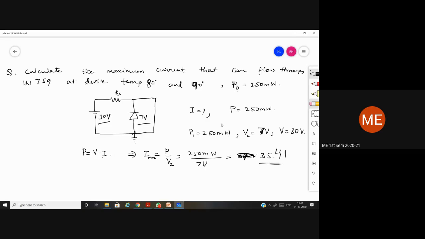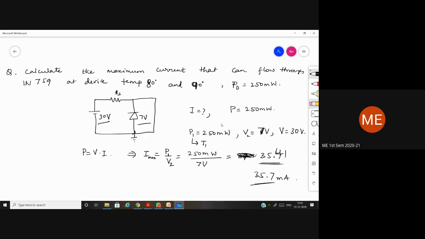Just 2 decimal points are sufficient. Okay, 35.7. So this is in terms of milliampere we have got. This is for P1, that is, P1 is nothing but the power at temperature T1.